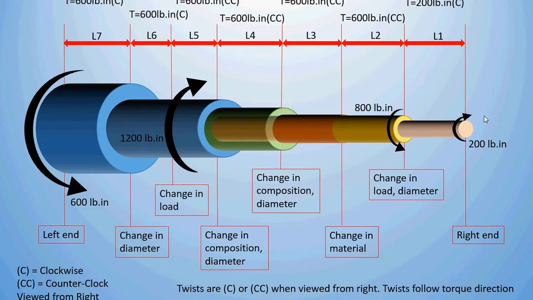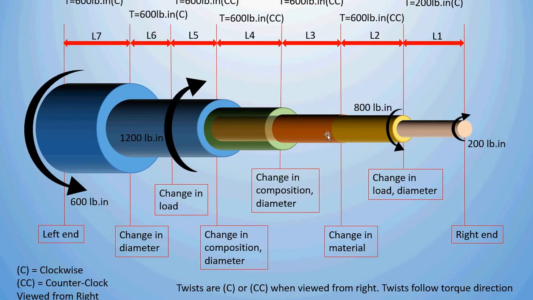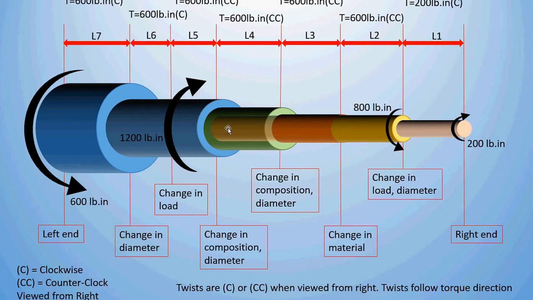And you can see that for at least length 1, it just stays a uniform diameter. And then here at this boundary, there's a new torque added and there's a change in diameter, making a new segment. After that, the material changes, new segment, then it changes composition and diameter, and so on.